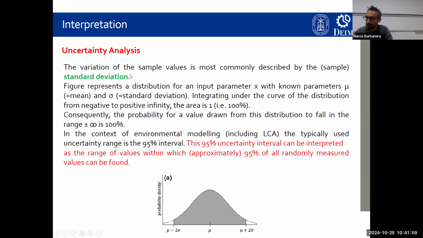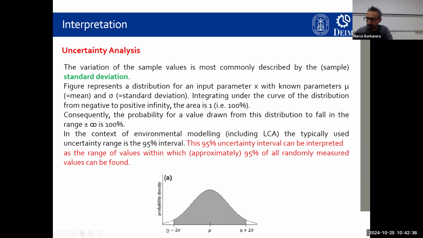So if you want to characterize this probability distribution, it's important to define another parameter. This parameter is called the standard deviation of the probability distribution. If your parameter is characterized by a normal distribution, Gaussian distribution, as in this figure, the meaning of standard deviation is very important, because you have the possibility to define a range of values.